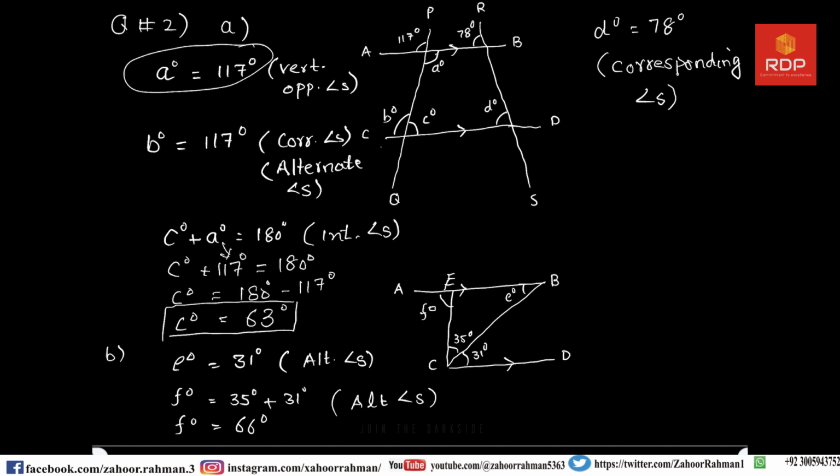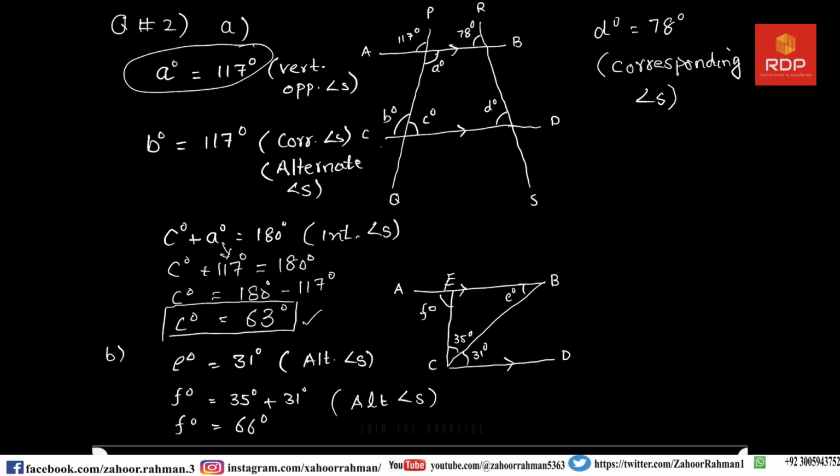Now shifting this 117 degree to the other side of the equal symbol, it will be a negative one. So if I subtract 117 from 180, we will get 63, and that is the answer.